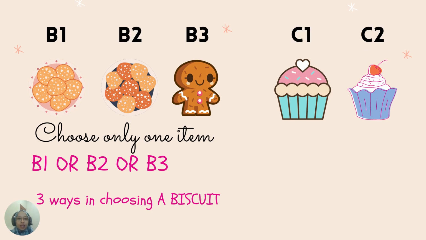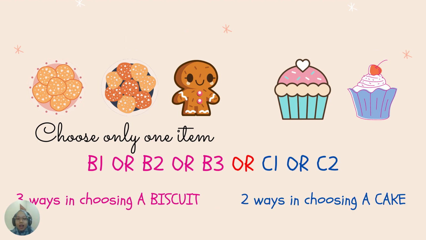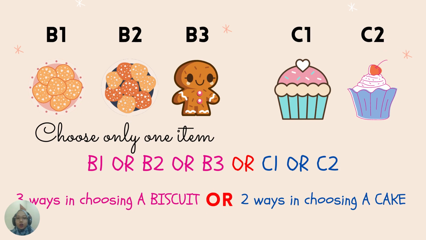For his breakfast, Ali can choose a biscuit in 3 different ways, which are either B1 or B2 or B3, which is in total 3 ways in choosing a biscuit. Also, Ali can choose a cake in 2 ways, which is C1 or C2.